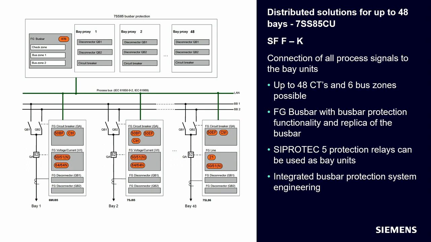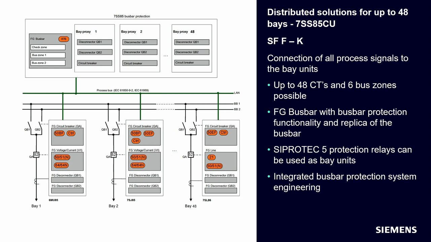After completing the engineering of the merging units, you must update the central unit in the single line configuration. During this update operation, the system configuration created in the single line editor is also created in the 7SS85CU using the representations of the connected bays, circuit breakers, disconnectors and measuring points.